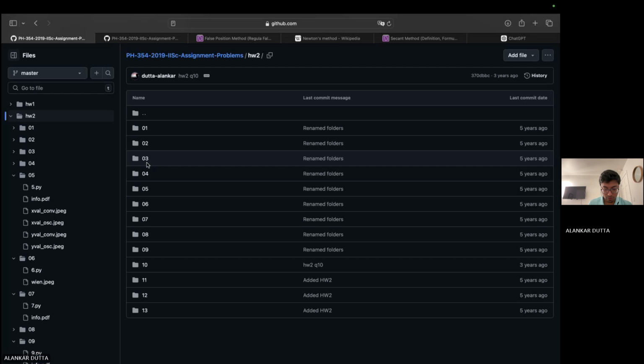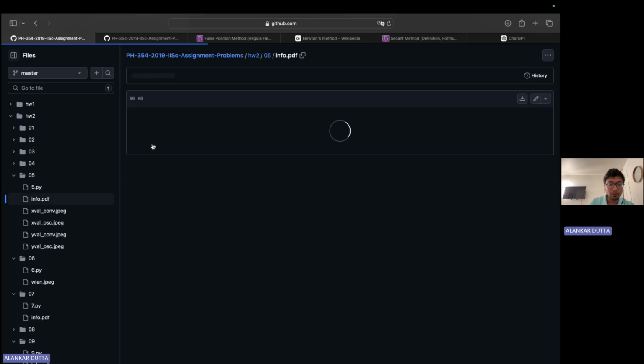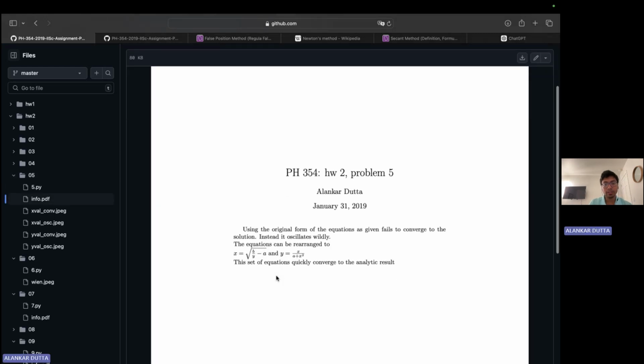So then let's try to see what the rearranged form should be. I have this small PDF where I have written this rearranged form, and this behaves much better numerically. And we have seen other examples as well that what you get algebraically is not always the best choice when speaking of numerically solving a set of equations.